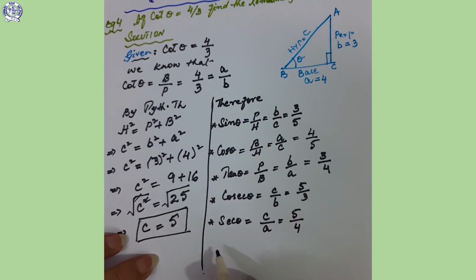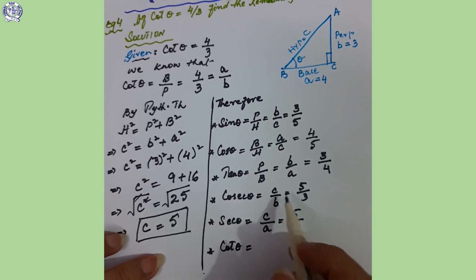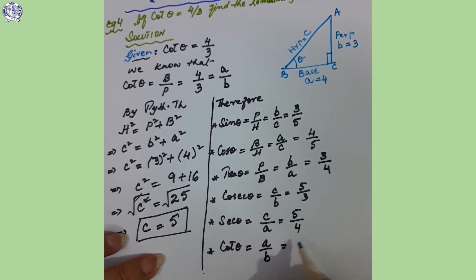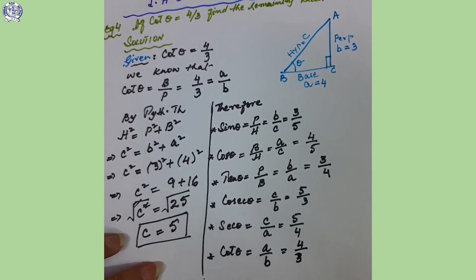And the last one is cot theta, the reciprocal of tan, so A upon B equals 4 upon 3. So these are all the trigonometric ratios. Only one value was given, cot theta, and with the help of that you can find the remaining trigonometric ratios.